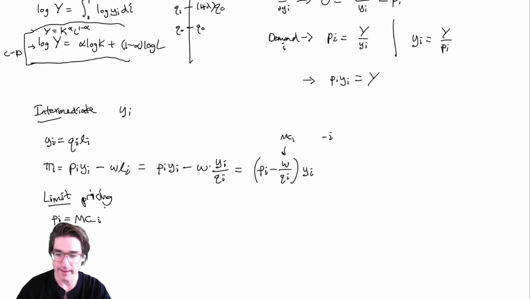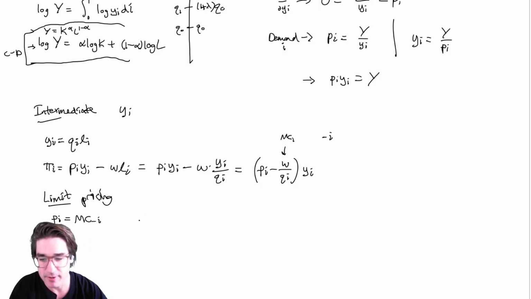So that's the essence behind limit pricing: you're the leading firm, and you want to keep that trailing firm out. All right, so let's figure out what that means exactly. The marginal cost here is w over q_minus-i.